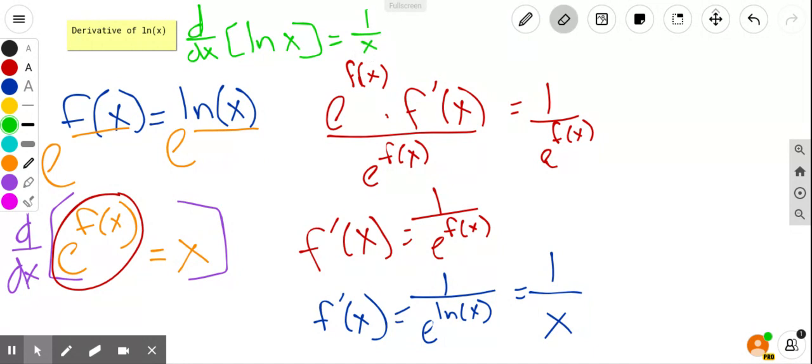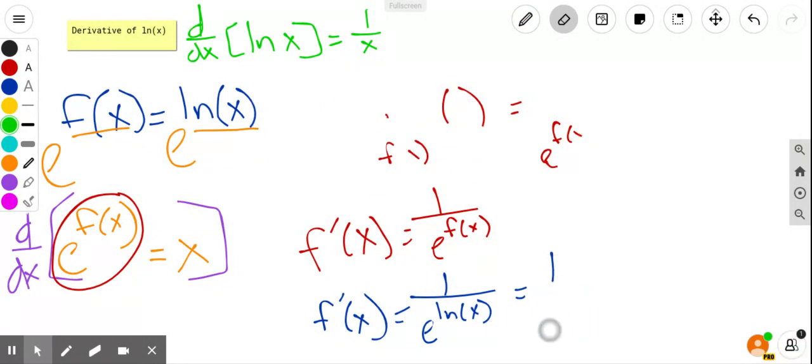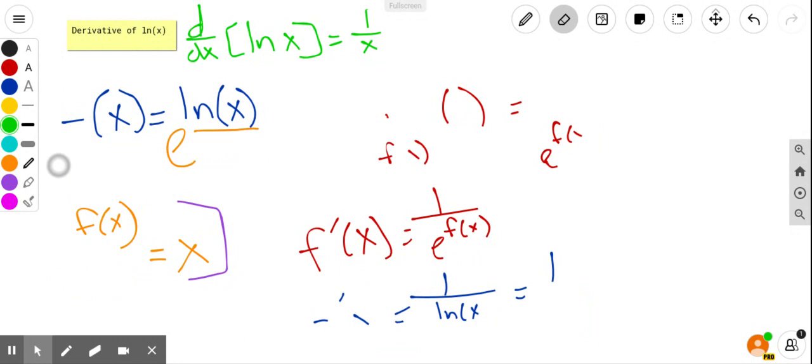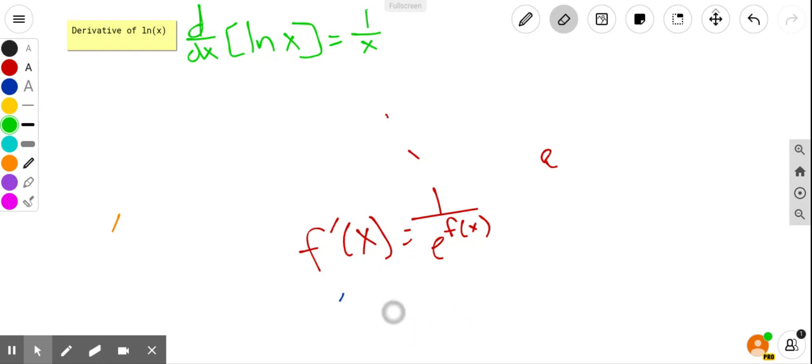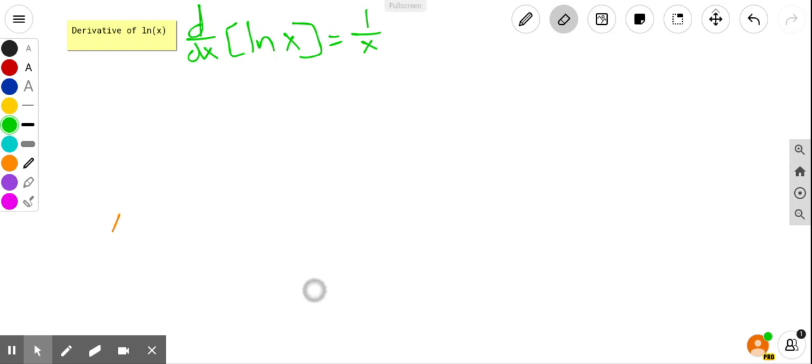So let's talk about how we use this piece of information. All right. So let's say we have to work with a derivative of a natural log function, and let's make it messy, because if we can make it messy, then everything else is kind of a cakewalk.